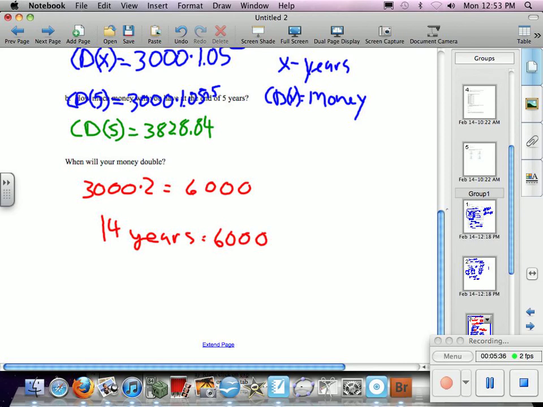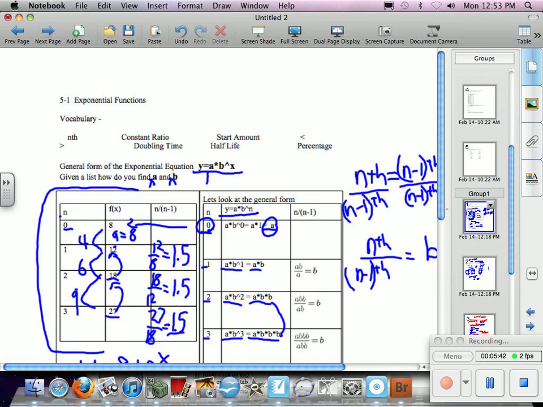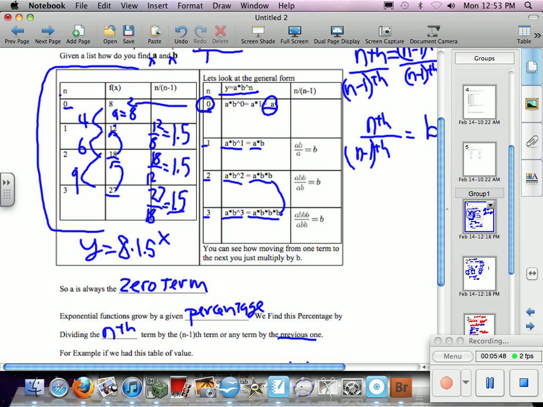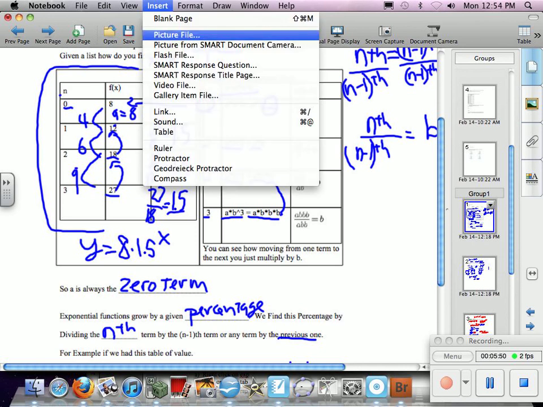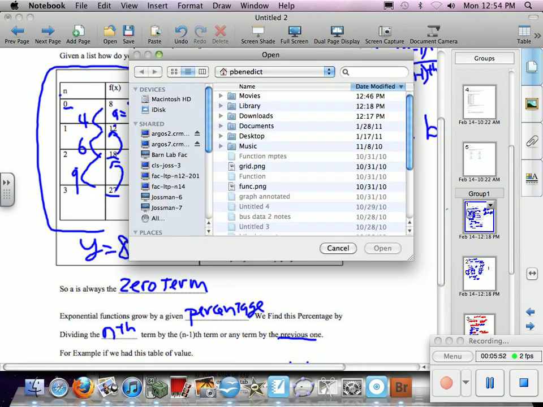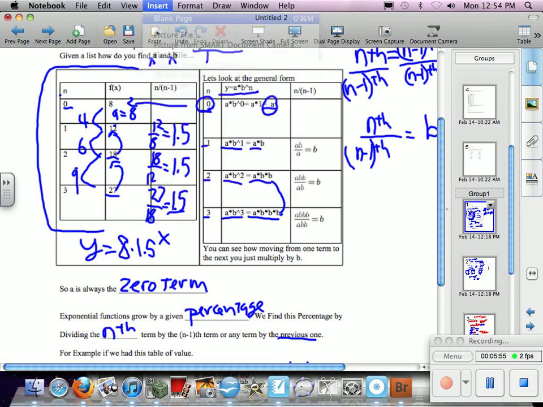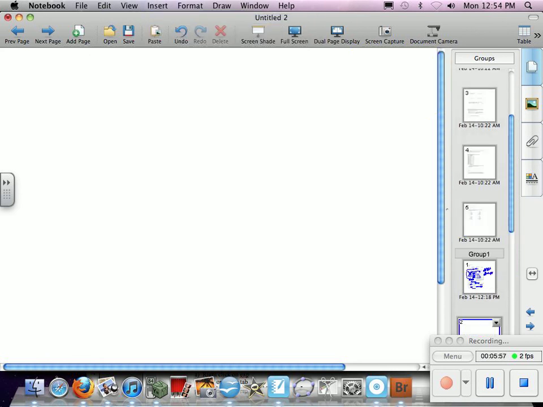Anyway, I guess my big takeaways from this are that exponential growth functions grow by a constant multiplier.